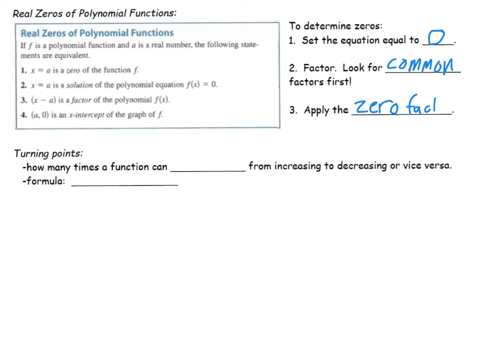Now, when we do this, we still apply what we call the zero factor property. Recall from chapter 2 that says this.